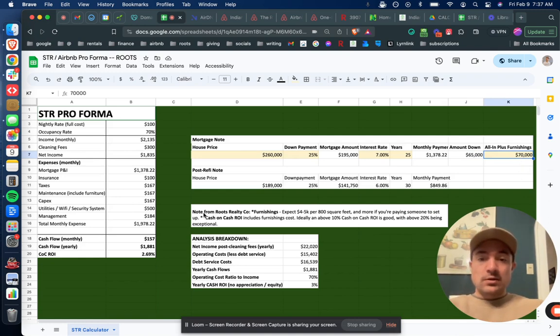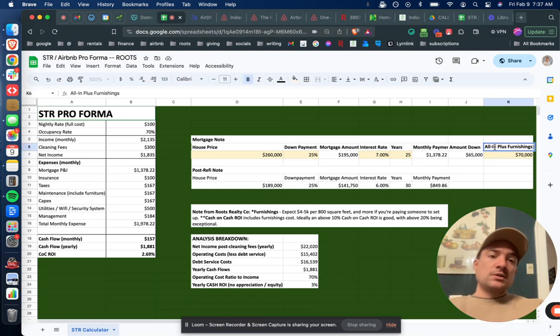So I wrote down here, note from Roots Realty Co., furnishings expect 4 to 5,000 per 800 square feet, and more if you're paying someone to set it up. This property is roughly 1,500 square feet, so it would be more like 10,000. However, I'm inheriting a lot of furniture, so I'm adding 5,000 of additional furniture and design into it.